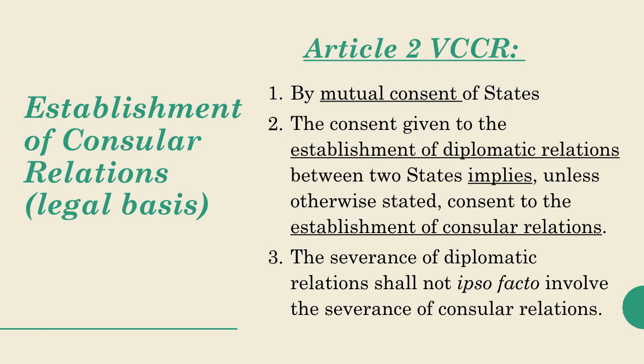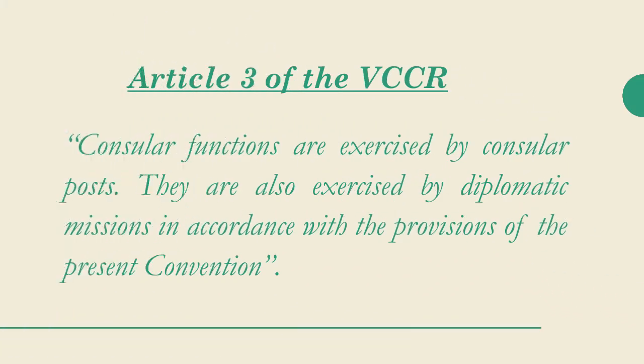Article 3 of the Vienna Convention on Consular Relations also has an important provision. It states that consular functions are exercised by consular posts. They are also exercised by diplomatic missions in accordance with the provisions of the present convention. The rule laid down in the present article corresponds to the general practice according to which diplomatic missions exercise consular functions.